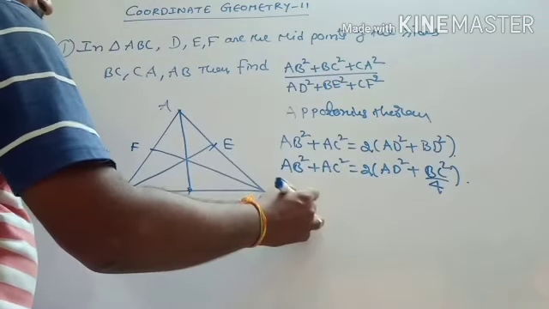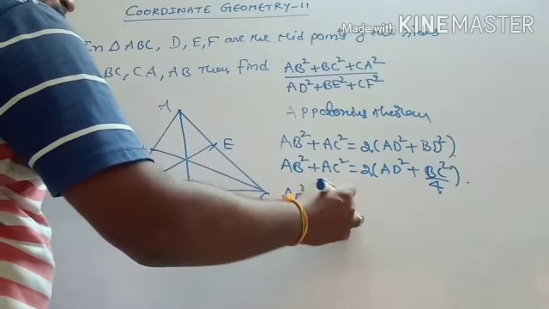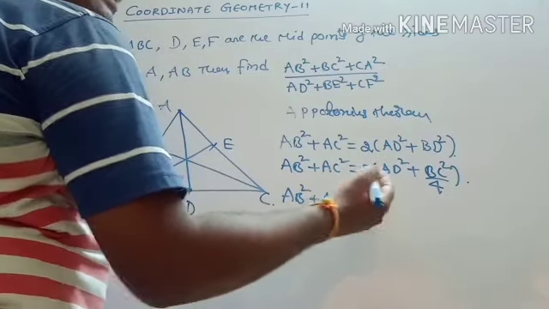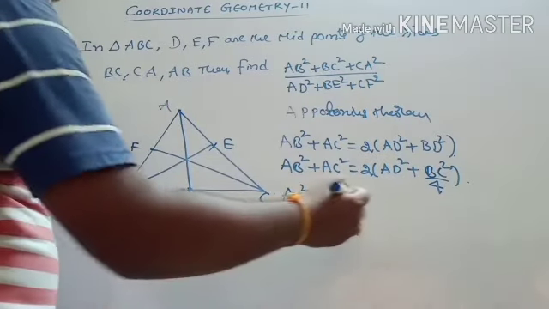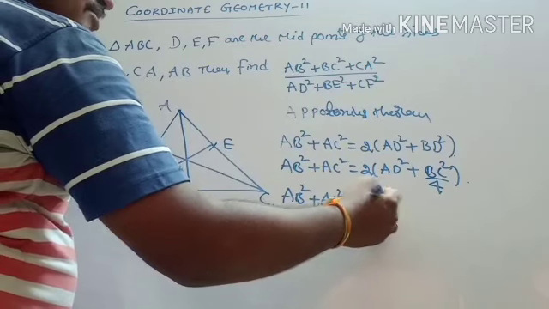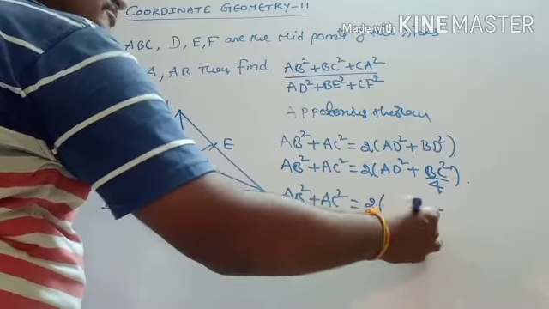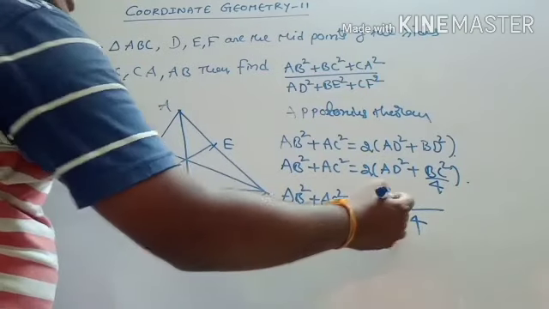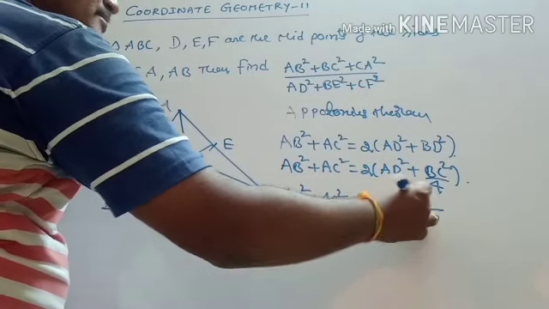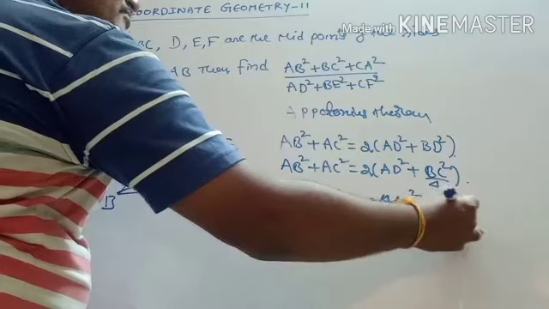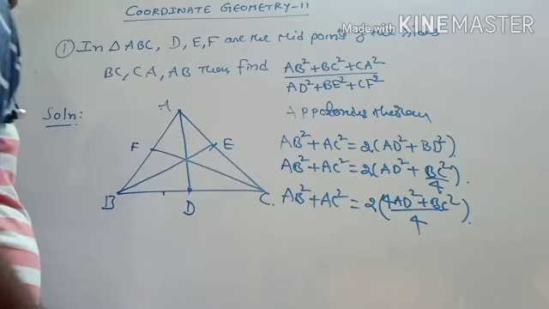Now AB square plus AC square equals, if you take 4 as the LCM, 2 times of (4 AD square plus BC square) by 4.